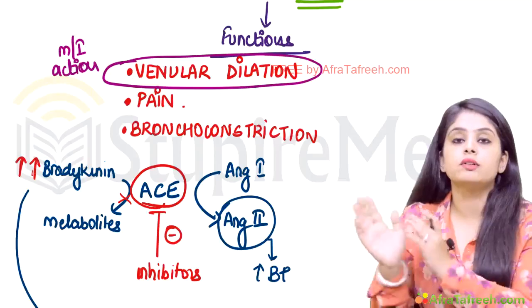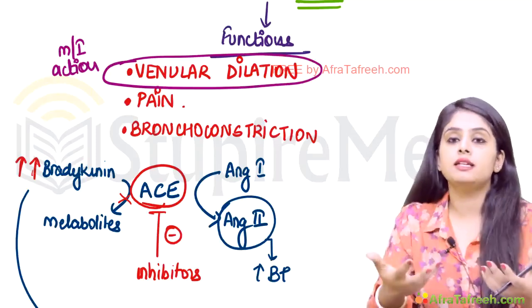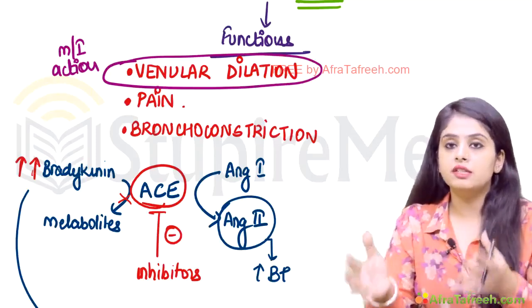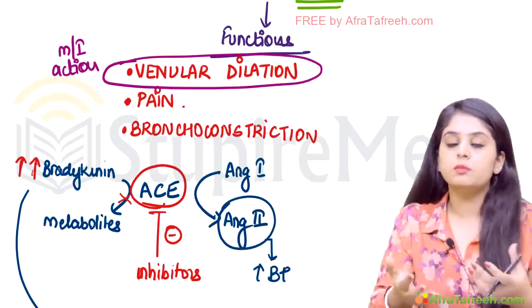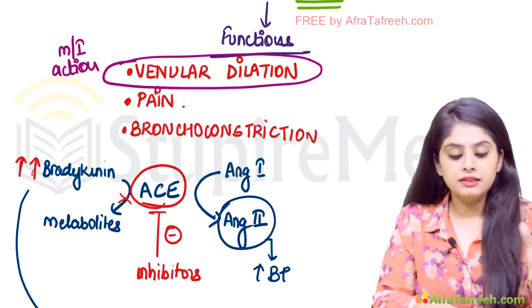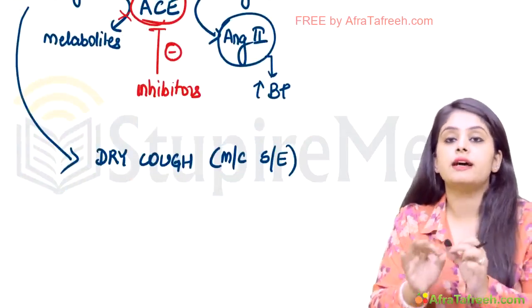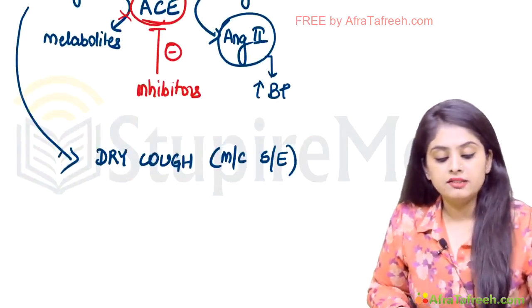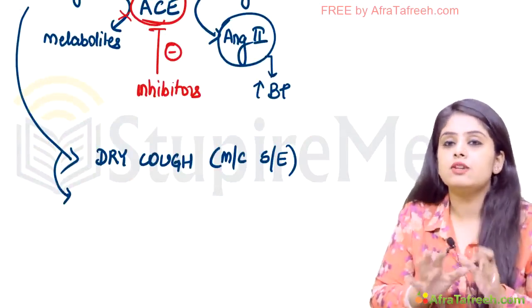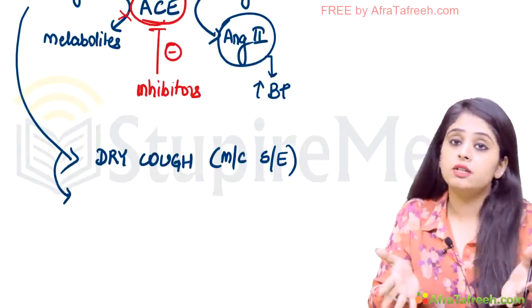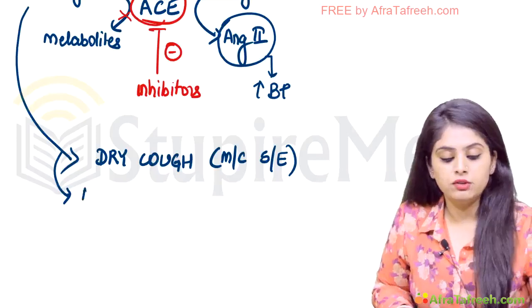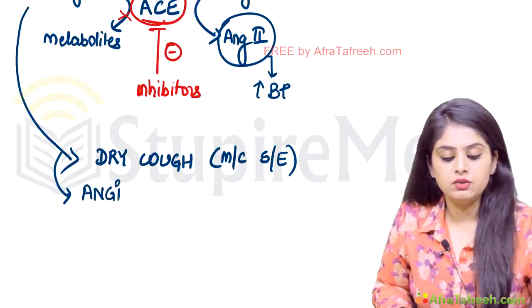So when more of bradykinin is there in the body because the patient is on ACE inhibitors, bradykinin cannot be broken down into its metabolites. This bradykinin is going to result in dry cough. Next, because the most important action of bradykinin was venular dilation, this will also result in angioedema.